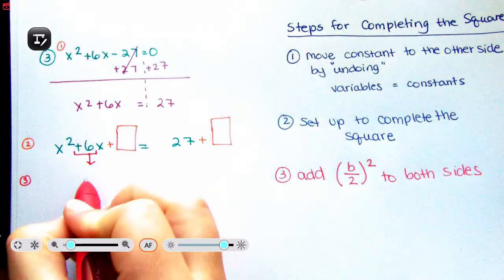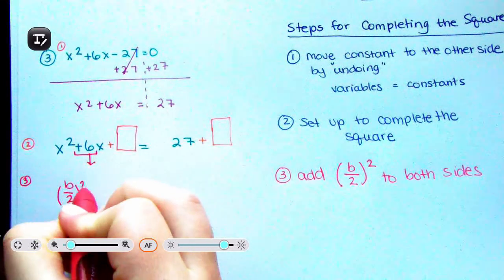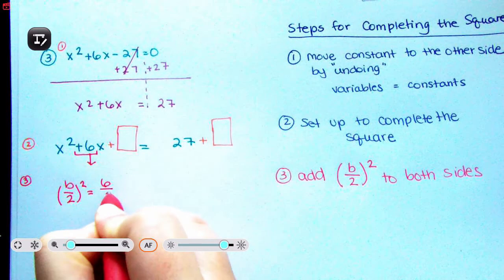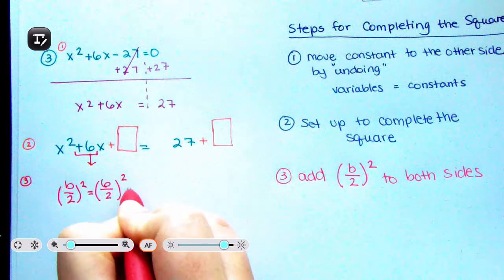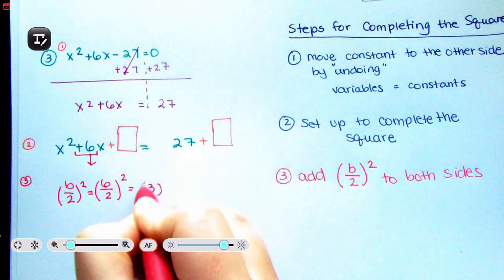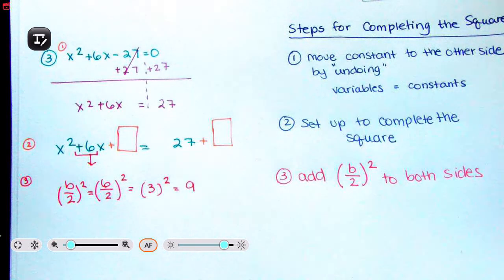So, b divided by 2 squared, what is that? That is 6 divided by 2 squared, which is 3 squared, which is 9.